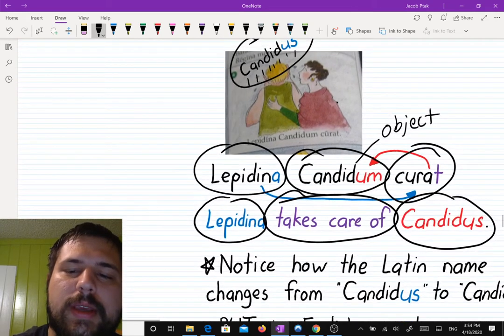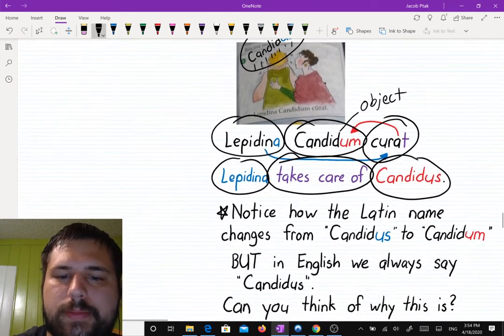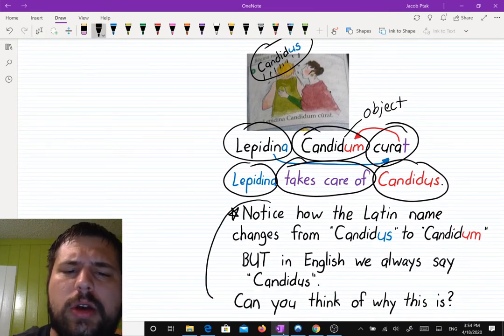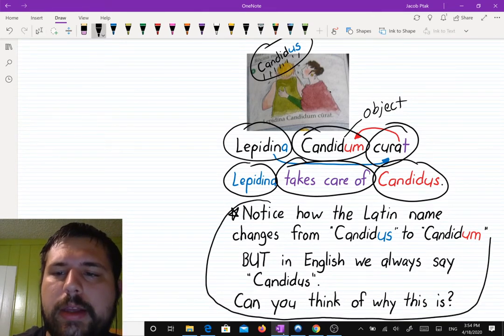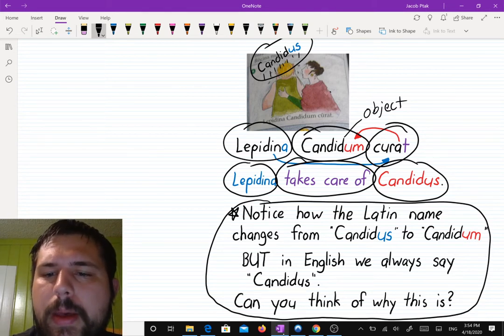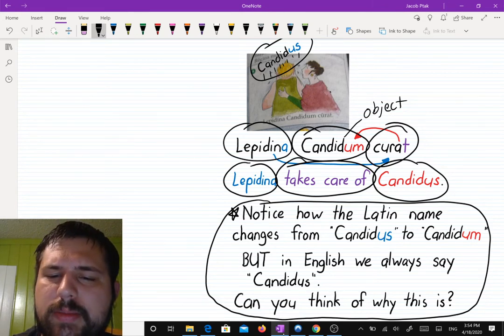Now notice something here as well, which I want you to think about. Notice how the Latin name changes from Candidus to Candidum. But in English, we always say Candidus. Why do you think this is? Can you think of why this is?